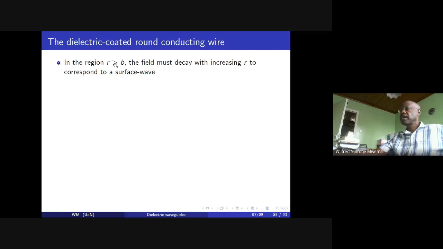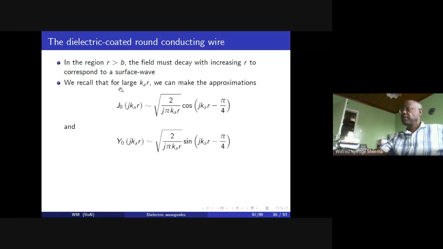And in the region r greater than b, the field must decay with increasing r to correspond to a surface wave, as we are looking at. We recall that for large kr, we can always make the approximation that the Bessel function of the first kind and order 0 approximately goes as the square root of 2 over pi kr multiplied by the cosine of kr minus pi by 4, and Y0, the Bessel function of the second kind and order 0, will approximately be given by the sine value of that.